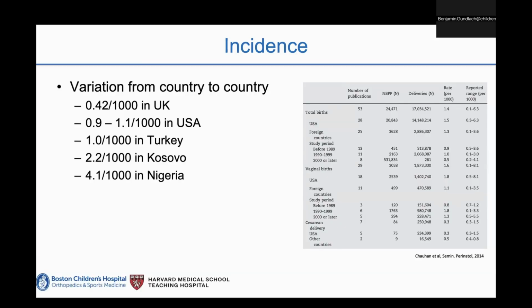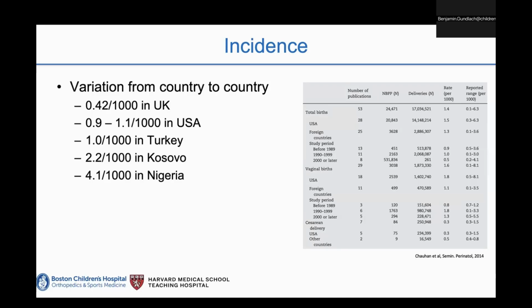And this has been similarly demonstrated in nice retrospective studies out of Turkey. However, other countries, such as Kosovo and Nigeria within the last decade, have still demonstrated an incidence 2 to 4 times greater than this 1 in 1,000 live birth statistic.